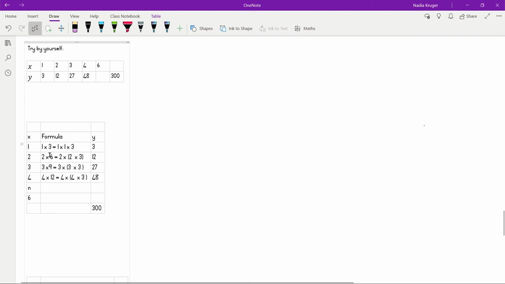And if we now analyze what we've done already, we can see here at the beginning, we have 1, 2, 3, and 4. These 1, 2, 3, and 4 every time refers to the pattern number. And here we also have a 1 and a 2 and a 3 and a 4. So again, we multiply with the pattern number.